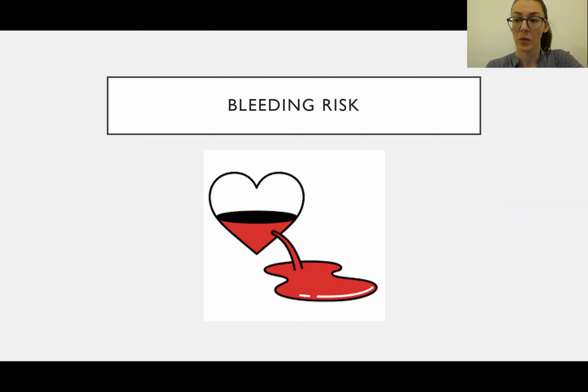Please remember that when you're prescribing anticoagulation, you should be considering bleeding risks. So all the recommendations above are guidelines and should be treated as such. It is important that we take a full medical history from the patient and also look at the concomitant medications, in particular looking for any antiplatelet agents such as aspirin or clopidogrel to assess for the risks that come with starting anticoagulation.